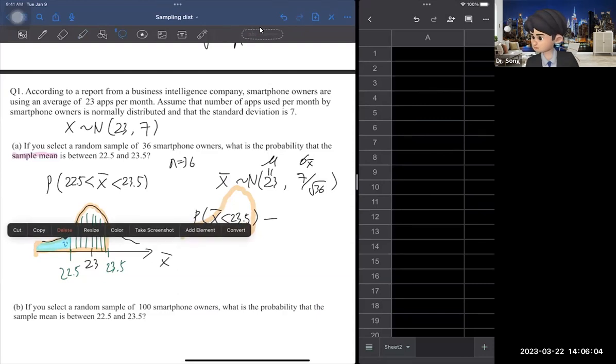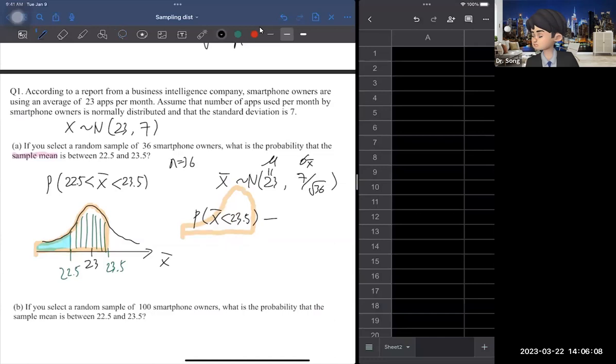Once I find the yellow one and the blue one, the difference between these two gives me the answer. So this blue one is the probability X bar is less than 22.5. So how can you find it?